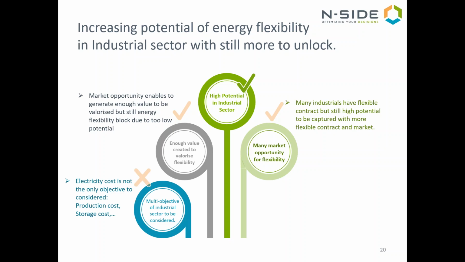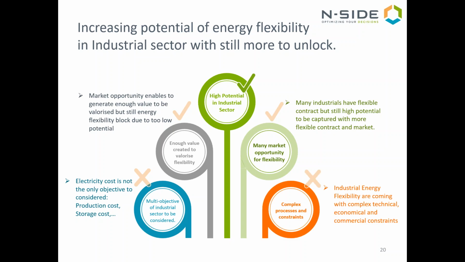And now to talk a bit about the drawback and the blocking point, retaining industry to leverage the potential themselves is, as I mentioned before, the multi-objective aspect. So it's not always easy to look at optimization and consider either the electricity cost, but also other types of objective in the same optimization.